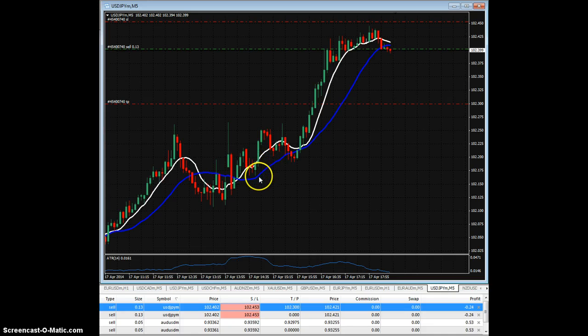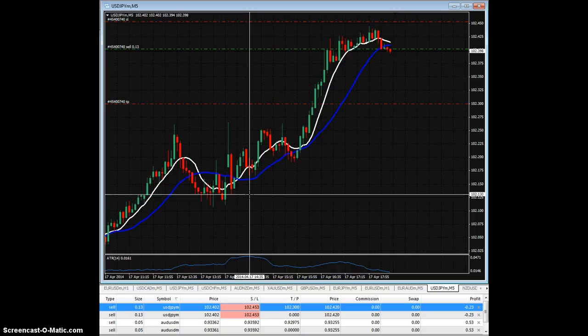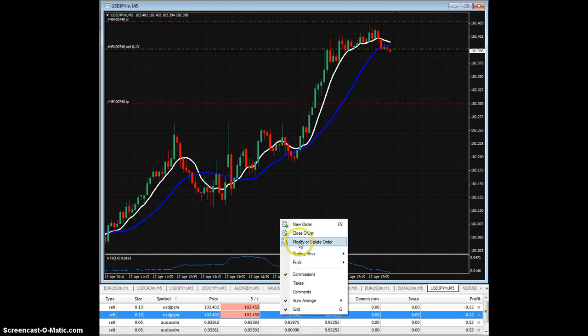So if it pulls back and down into here, and I hit this first target, I'm going to move my stop to break even with the second half that I bought, and I'll go for a big target. I think that big target's going to be probably somewhere in there, which you can see is 102.130.